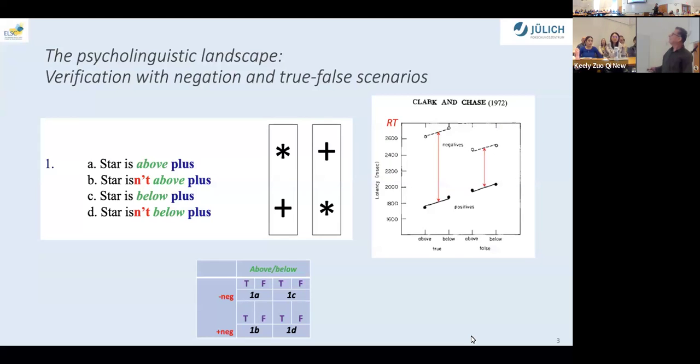What we end up getting in this experiment is a huge difference for sentences which do not contain a negation. We can see it as we look at the mean between the true and the false, which is what this red arrow denotes.